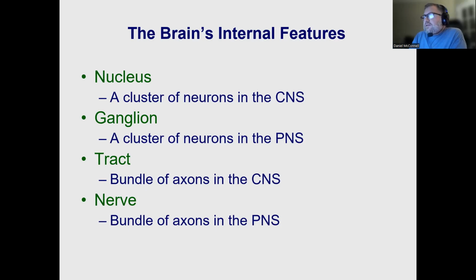To make matters more confusing, a cluster of neurons that works together is called a nucleus only when they are found within the central nervous system. So in the brain and spinal cord, we may find nuclei in plural. But if we look into the peripheral nervous system, a little grouping of neurons would be called instead a ganglion rather than a nucleus.